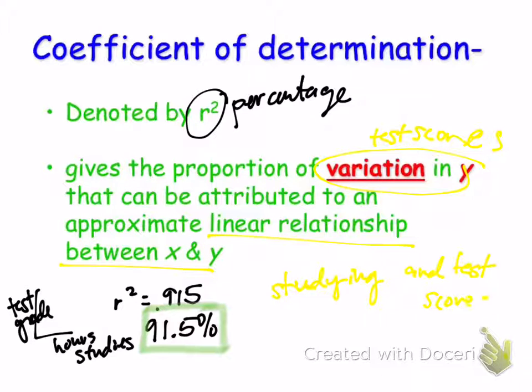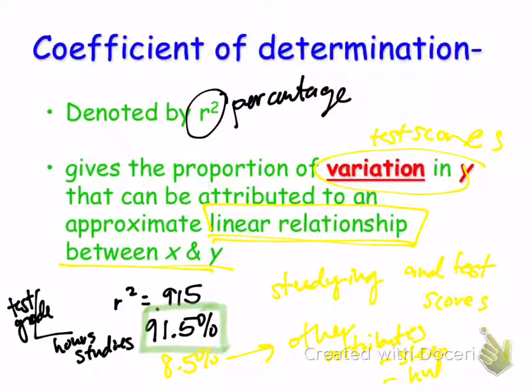And the other 8.5% is for other things. So other attributes, like maybe how much time you slept, so the amount of sleep you got, how much you did your homework. So that other 8.5% are other factors, but 91.5% of it is because of the linear relationship between x and y.